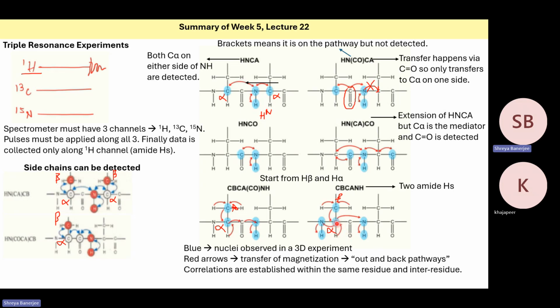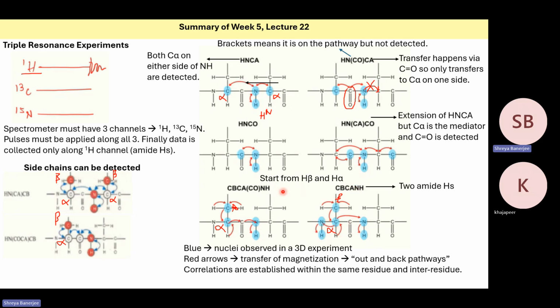Now from C alpha, it will go to the amide NH on both sides. And here there is nothing in bracket. So there is no mediator. So the magnetization will directly jump to the amide N and then the amide H. Similarly to the amide N on the other side and then the amide H. So here you're detecting the C beta, C alpha, amide N and amide H.